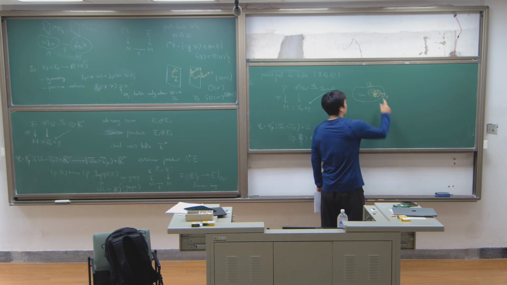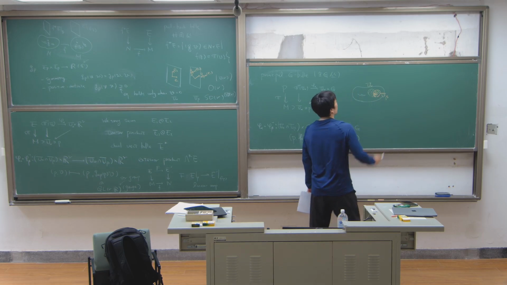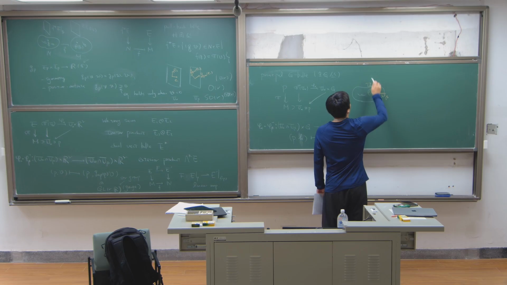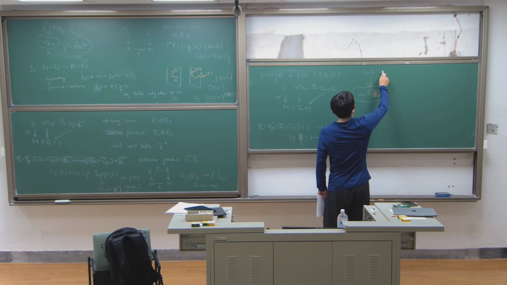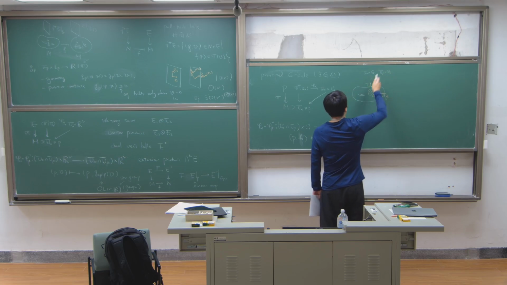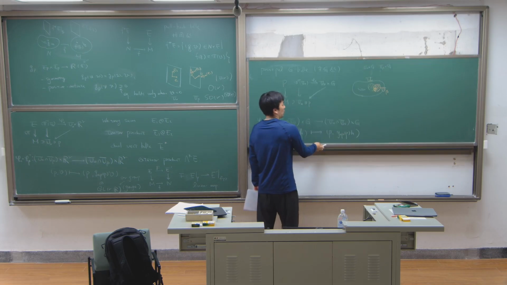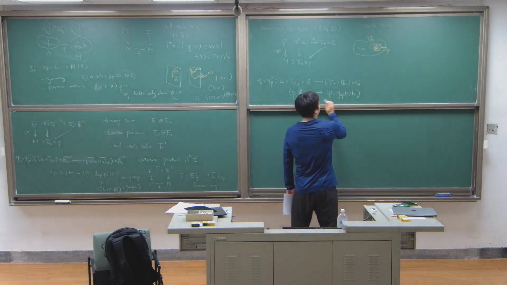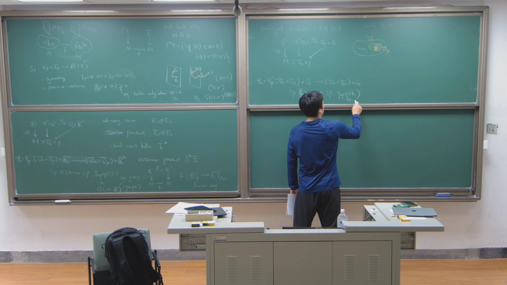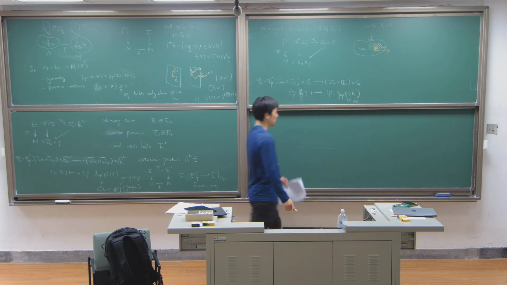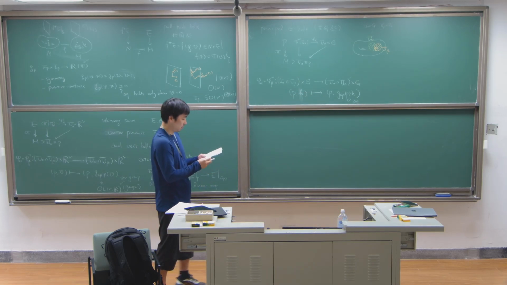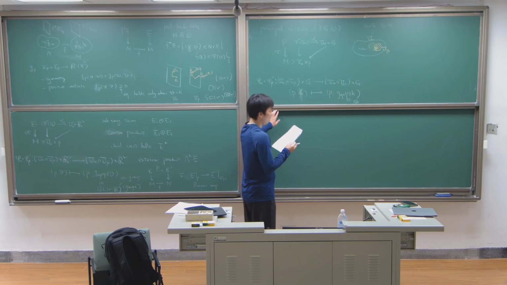And then in the overlap, at this point you have U alpha cross G, at this point you have the other trivialization U beta cross G. And in the middle, you need to specify how the fiber is transformed. And this G alpha beta of P is inside the group G, Lie group G.